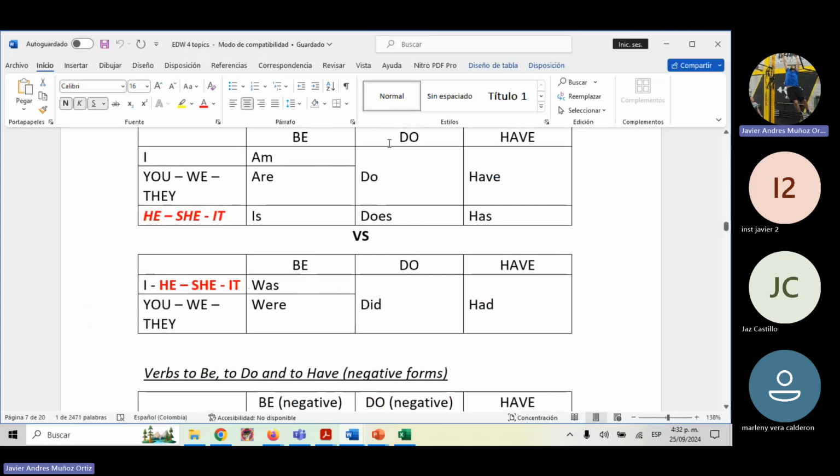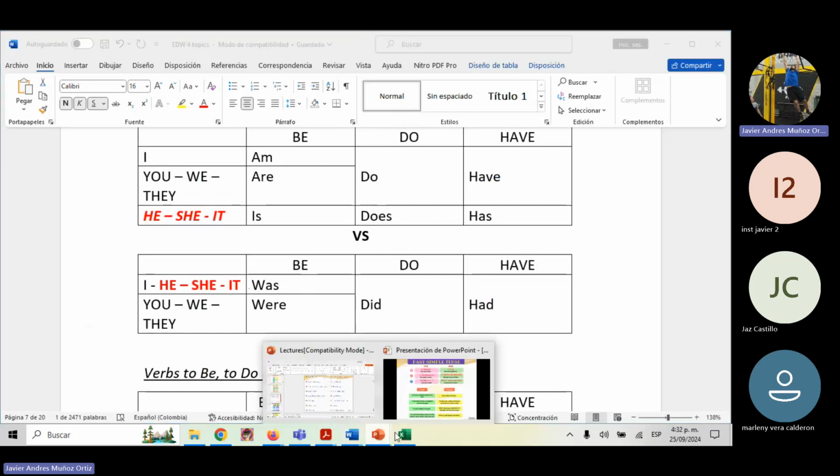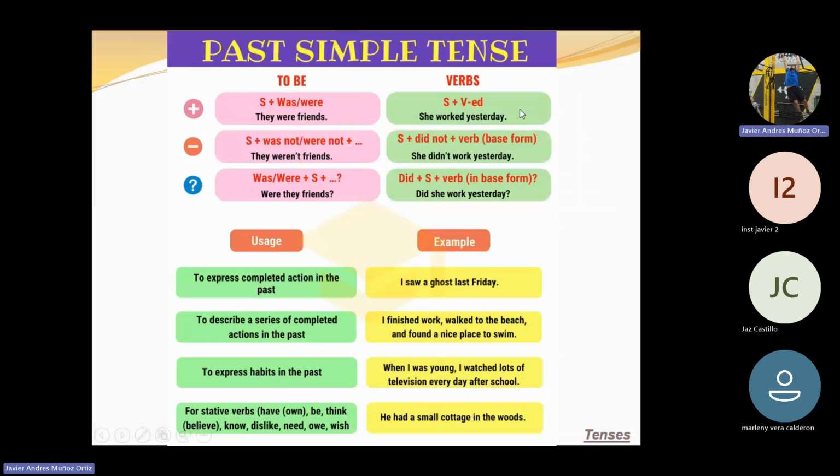The verb to do is conjugated as did. We have already studied this with simple past tense because we saw that the verb to do in simple past tense form is conjugated as did when it's an auxiliary verb used in negative sentences and in questions. So this is not new.